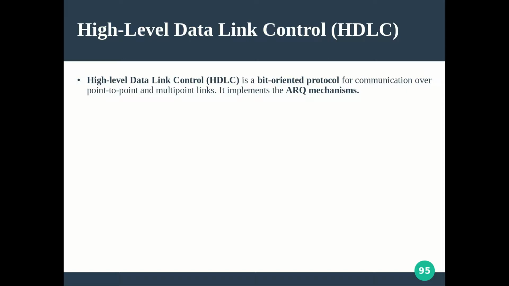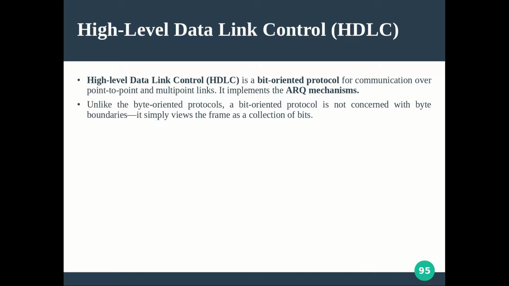and multi-point links, and it implements the automatic repeat request, the ARQ mechanisms, something we already covered in our flow control techniques. So unlike a byte oriented protocol like the point-to-point protocol, a bit oriented protocol is not concerned with byte boundaries. It simply views the frame as a collection of bits.